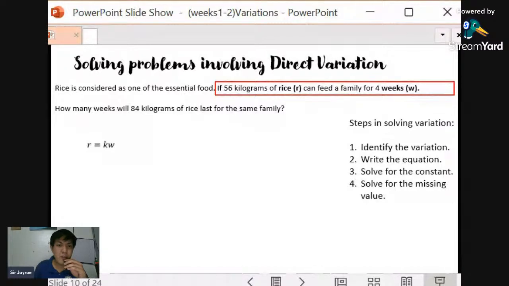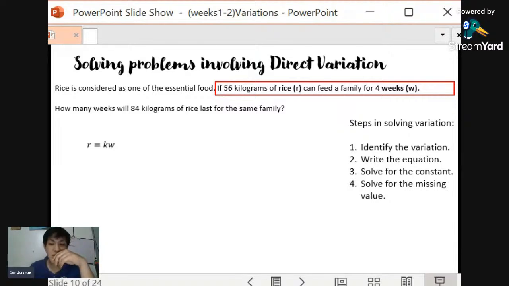Wag na natin isama yung rice is considered as one of the essential food, kasi parang filler lang yan, pandagdag lang sa problem, para mas maganda lang yung introduction. But that is not really part of the solving, no? So the first statement is this: if 56 kilograms of rice can feed a family for 4 weeks, how many weeks will... So the second statement here is this one.